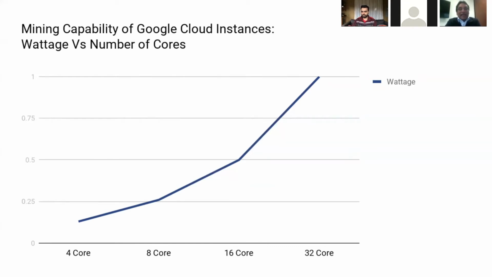Instead of finding a linear relation between the wattage and the cores, because the transcoders use multi-threading distributed on multiple cores, there may be a non-linearity. In this graph, we try to show the wattage that can be attributed to different Google instances containing various cores all the way from 1 core to 64 cores.